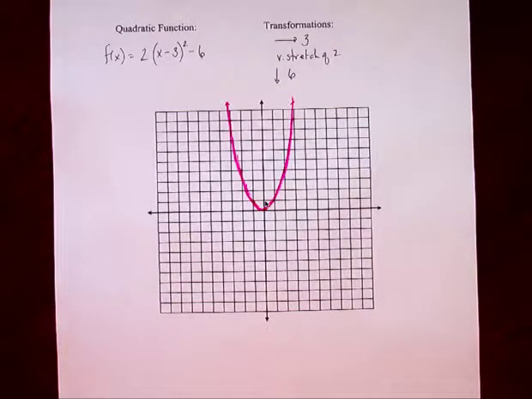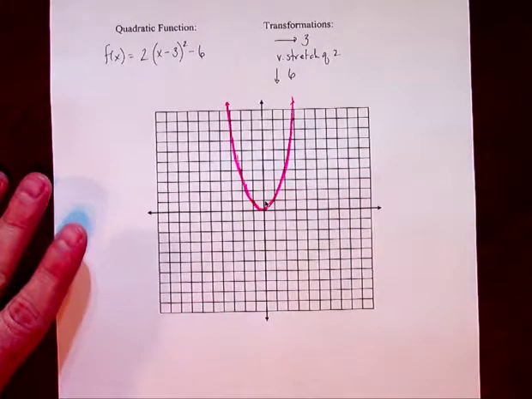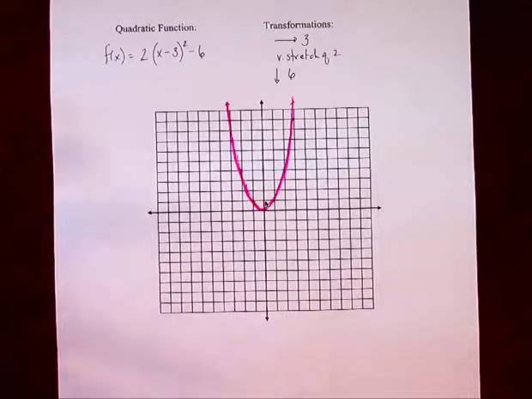And we are going to take each and every point by point, and we're going to transform it. Now, doing it point by point is one way of doing it. Doing it by plotting the new vertex and then stretching it and reflecting it from there is another way to do it, and that's perfectly fine. But since this is sort of just review, it's important that we just go ahead and do it in the rudimentary way.